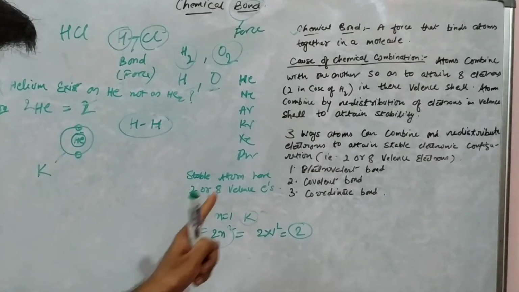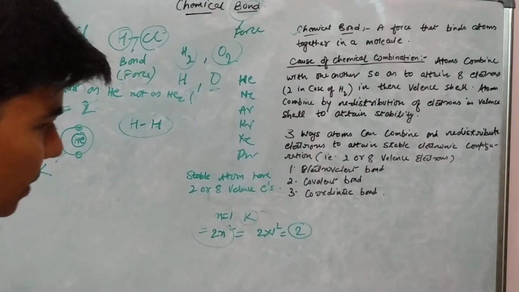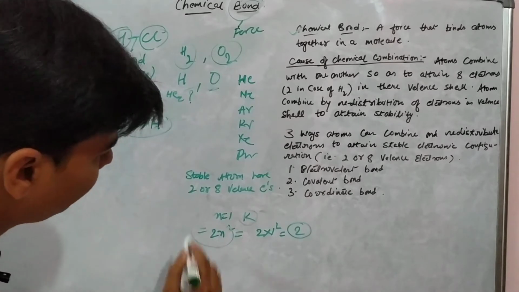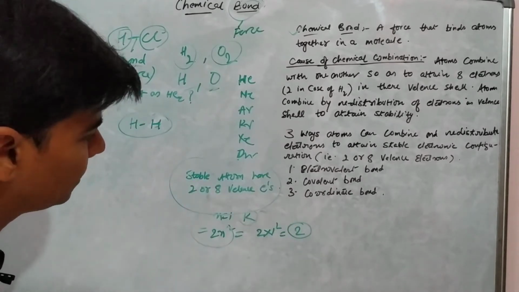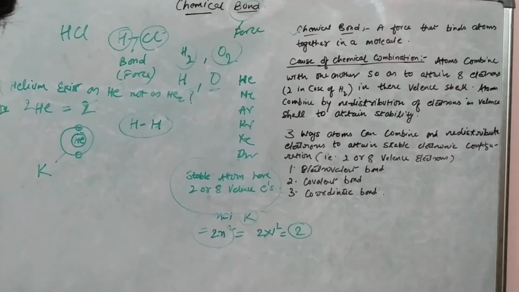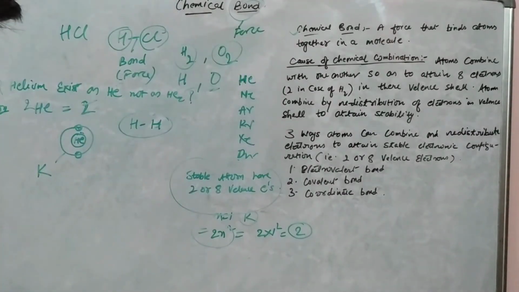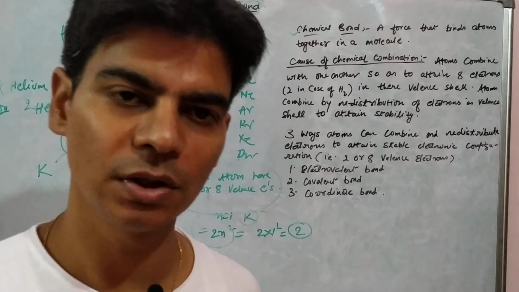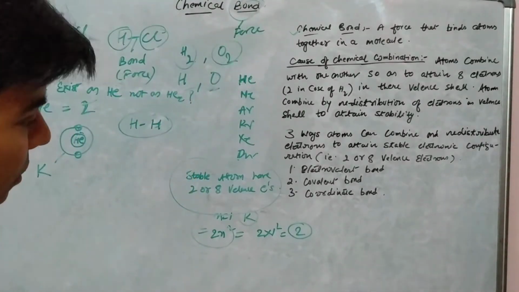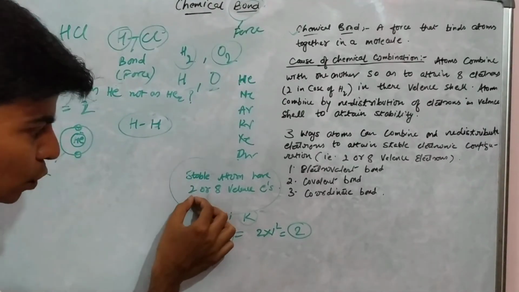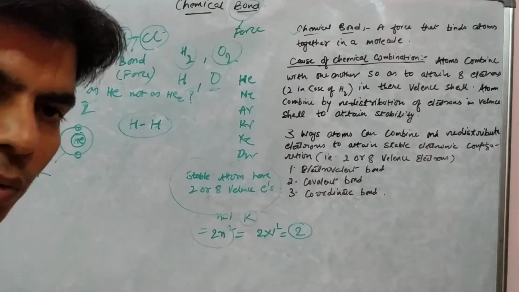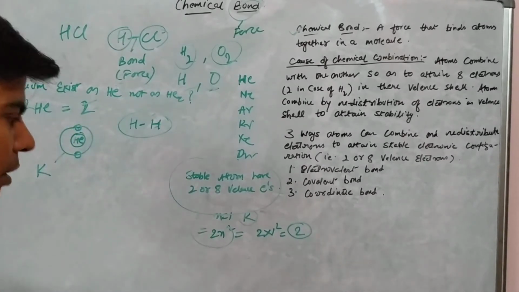All this chemical combination happens because stable atoms have 2 or 8 electrons in their outermost shell, and those atoms that do not have 2 or 8 electrons in their outermost orbit will chemically combine with one another.